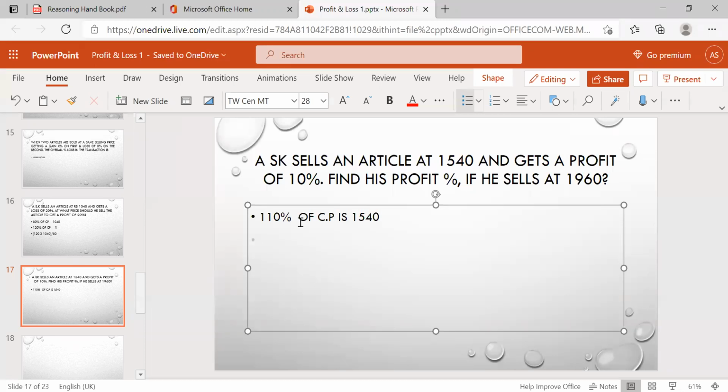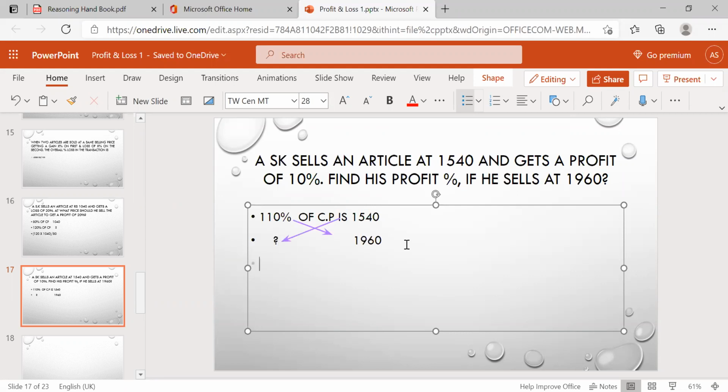And the second time they sell for 1960, but they don't know the profit percentage. We need to find out the profit percentage. Same thing, just do the cross multiplication, then you'll get the answer.